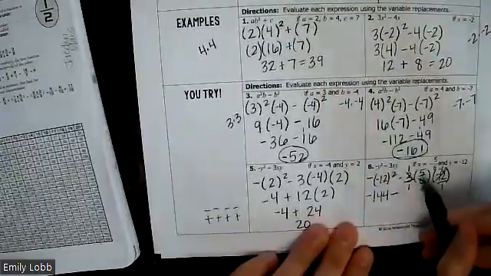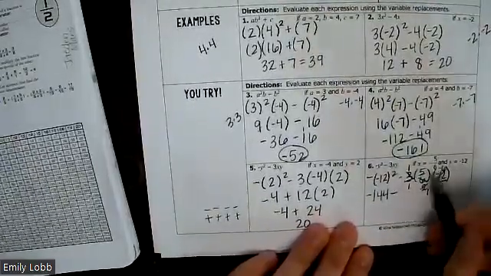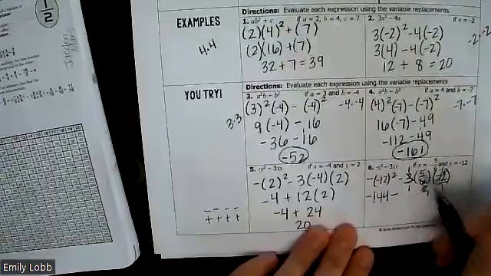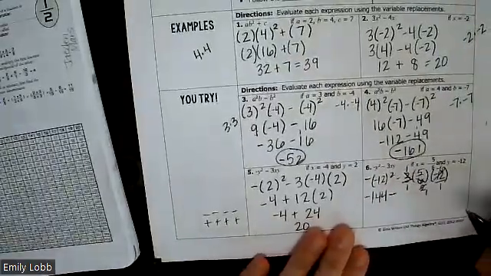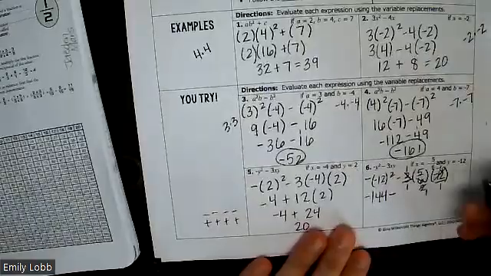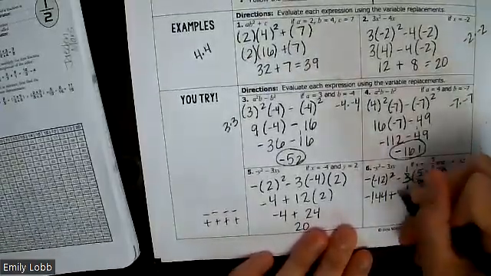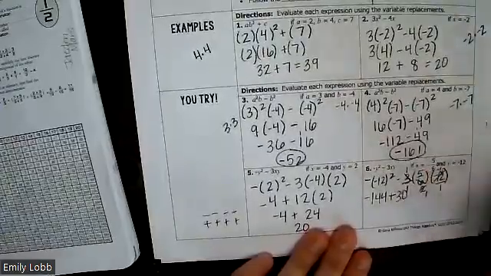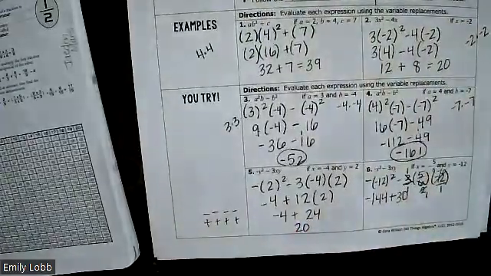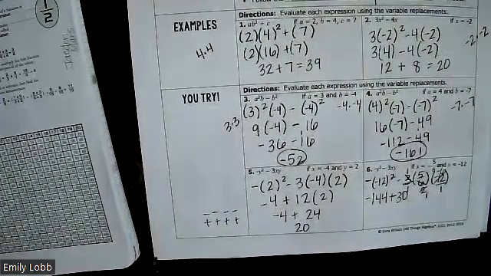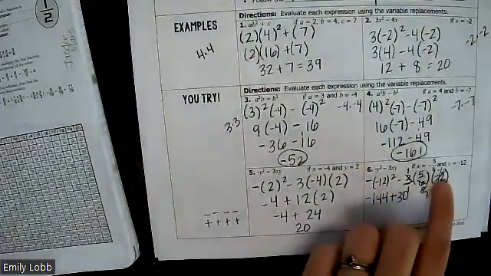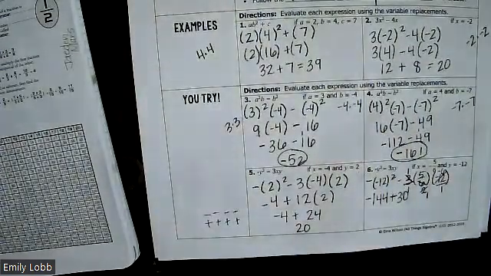So I'm left with 5 times, so negative 1 times 5 is negative 5 times negative 6 is actually going to be positive 30. That's kind of ugly. Or the opposite of a negative 30, which is positive.